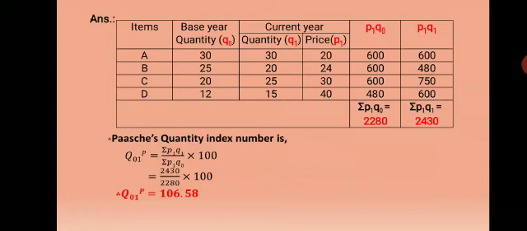Here we have summation P1 Q1 as 2430 divided by summation P1 Q0, which is 2280, into 100. After simplification, we get the Paasche's quantity index number as 106.58.